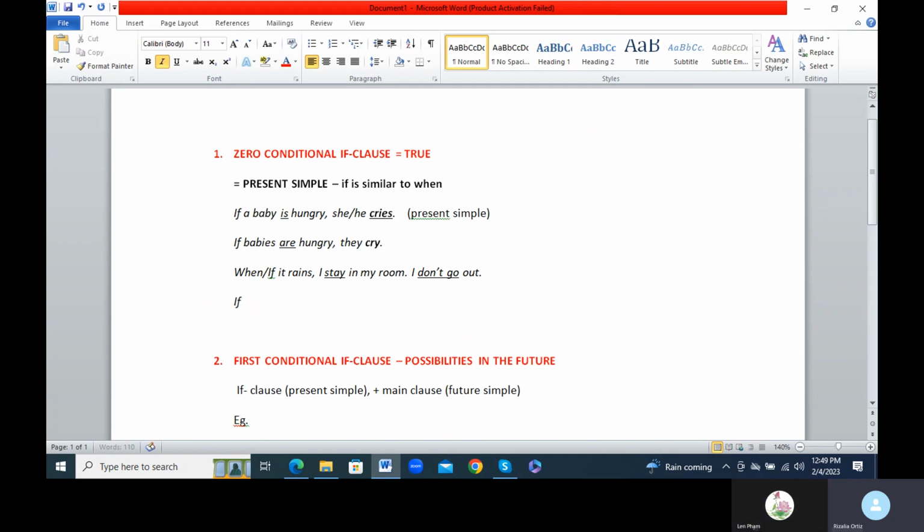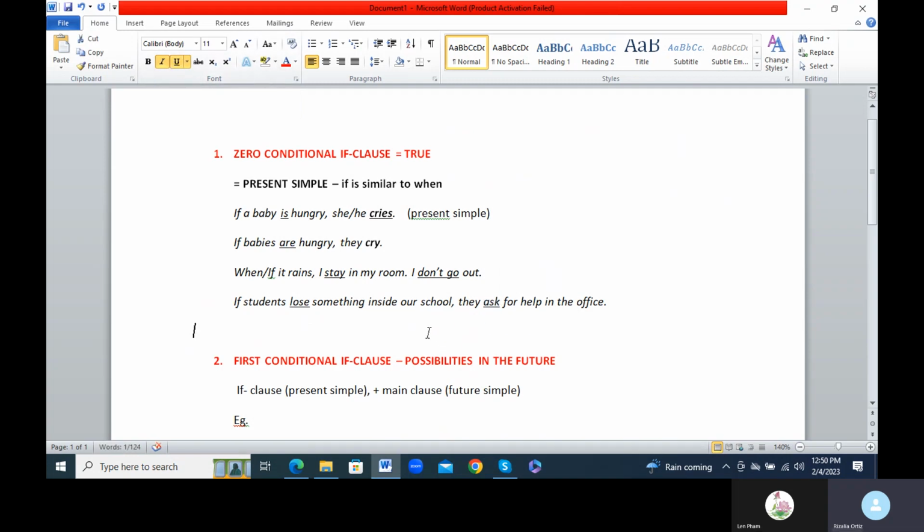So let's write the example: if students lose something inside our school, they ask for help in the office.